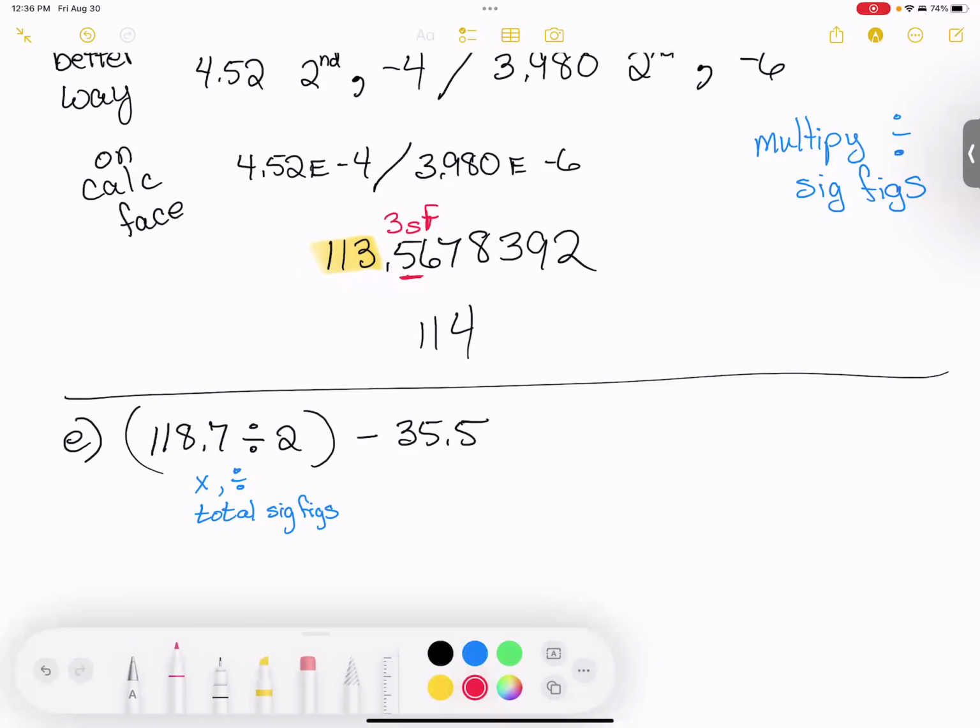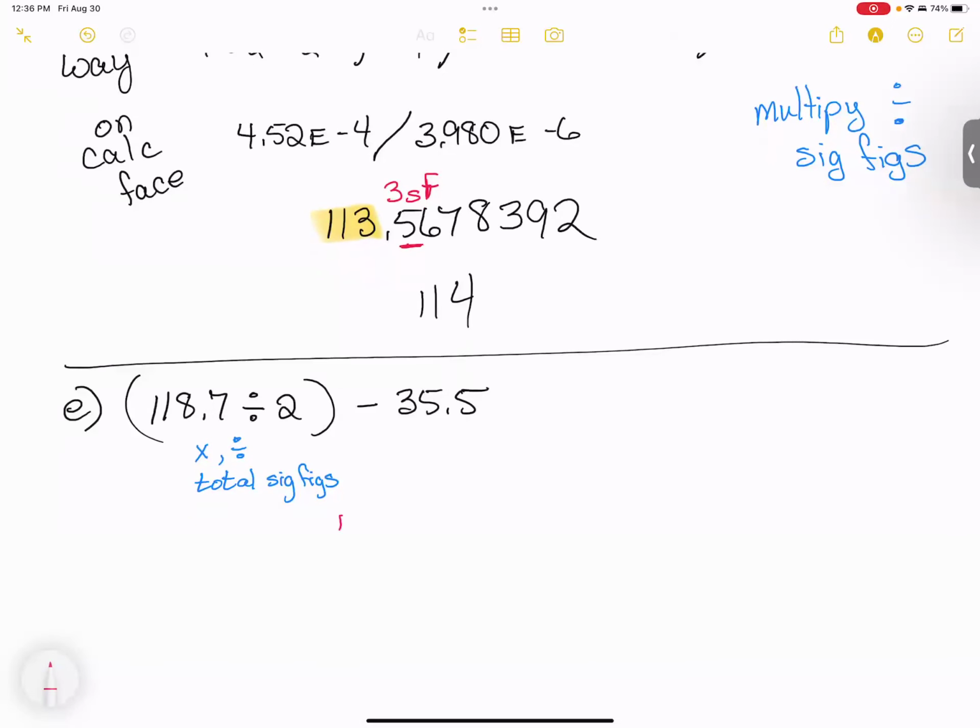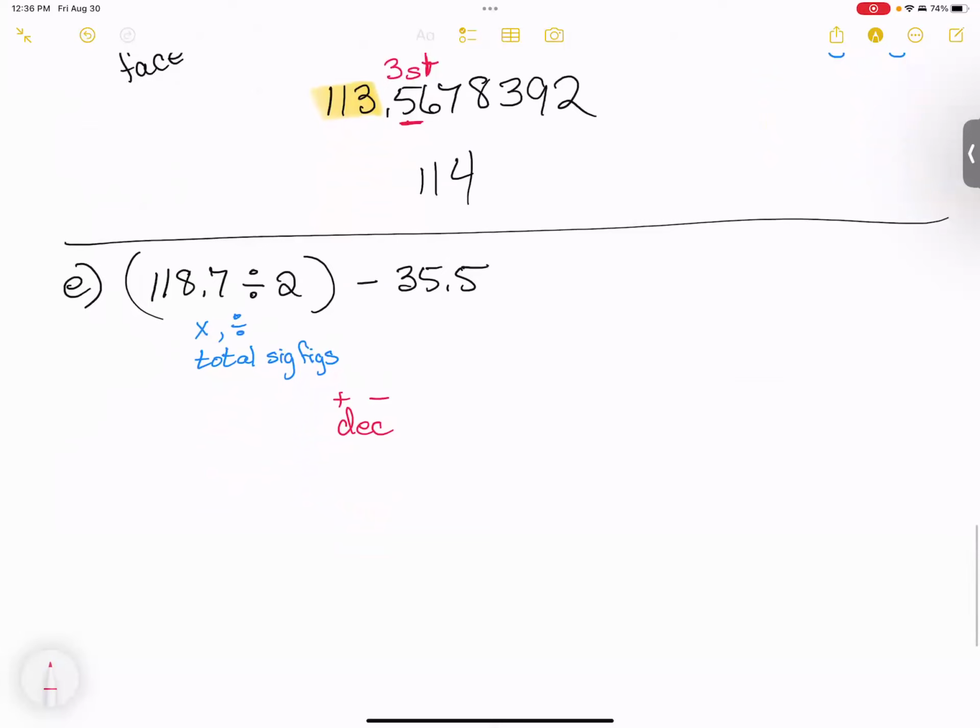And you have addition and subtraction, which would say decimal point. We're going to have to do these according to PEMDAS. So we're going to do what's in parentheses first.